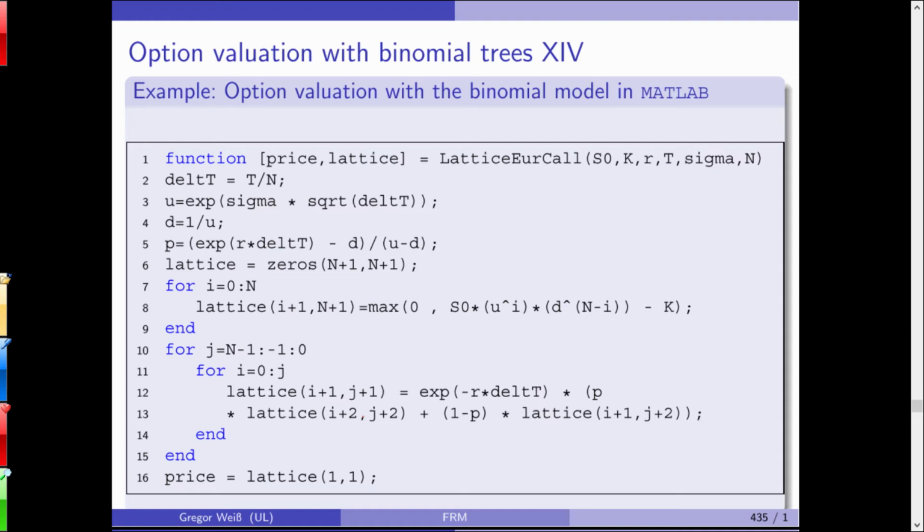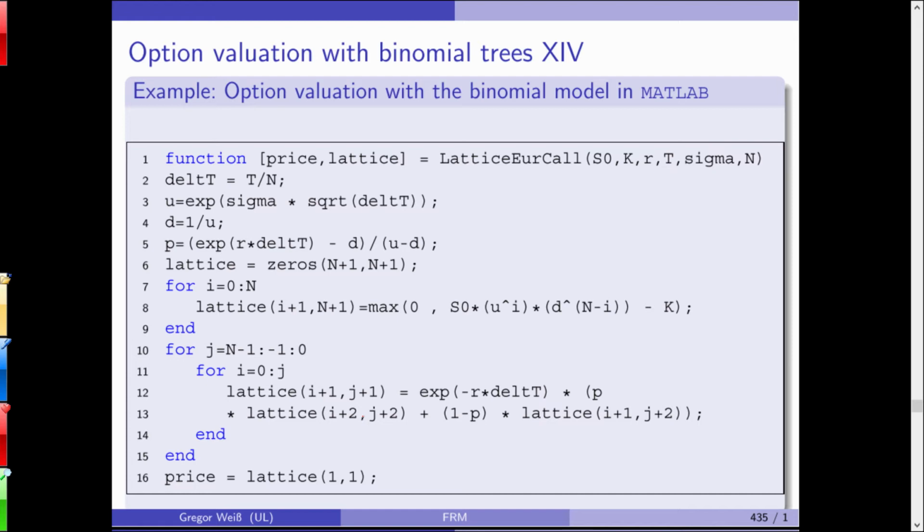By the way, in German, lattice is Gitter. Lattice is a Gitter. For i equal to 0 to capital N, we are now initializing the lattice with the different stock prices. Lattice(i+1, N+1) is the maximum of 0, S0 times U to the i times up, times D to the N minus i times down, minus the strike. Actually, this is the lattice of the option prices, of the payouts of the option prices.